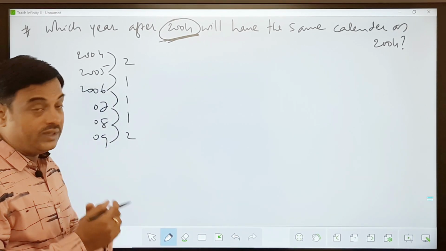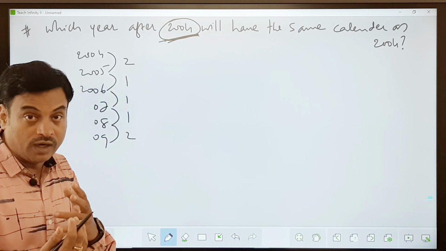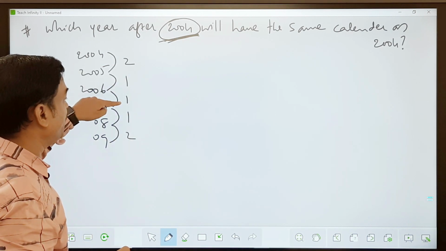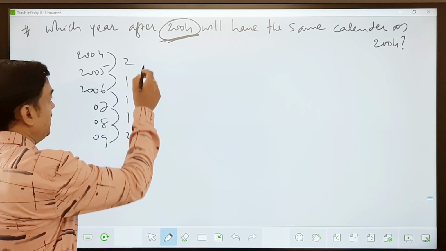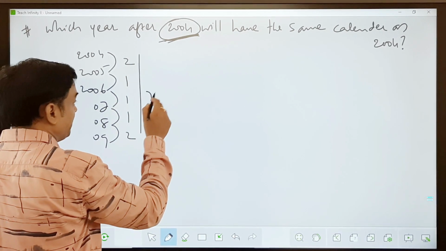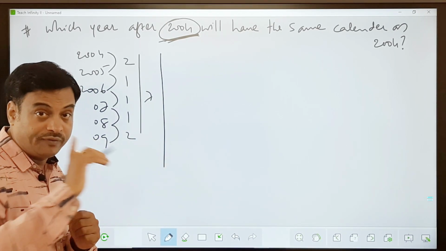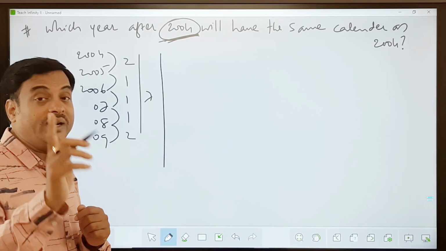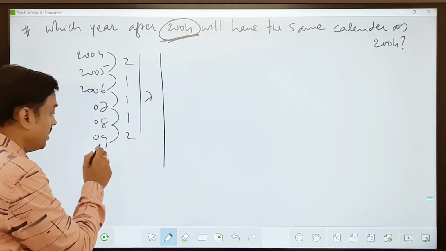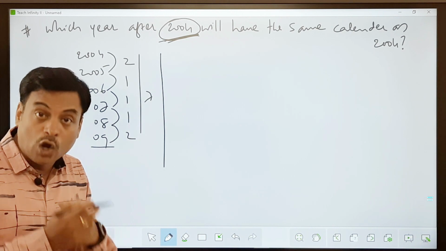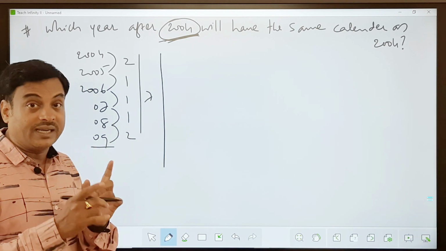You all know that after every 4th year there will be 2 odd days, right? So now get the total here. 2 plus 1 is 3, 3 plus 1 is 4, 5 and 7. Now this gives me a total of 7. I wanted 7 as the total because the cycle repeats after 7. The similar calendar will start when you get a multiple of 7. But here it is ending with 2009. 2009 is a non-leap year. So I will not find a similar calendar as 2004.